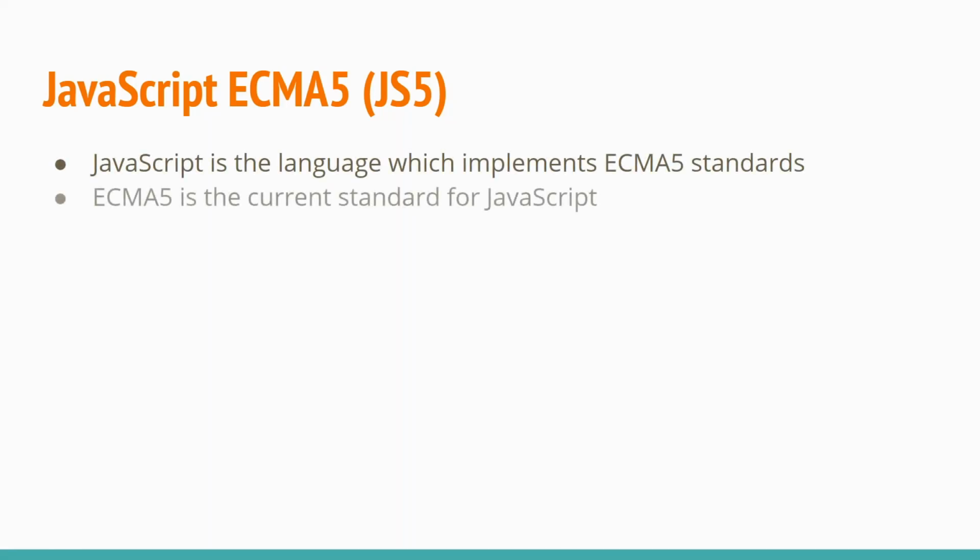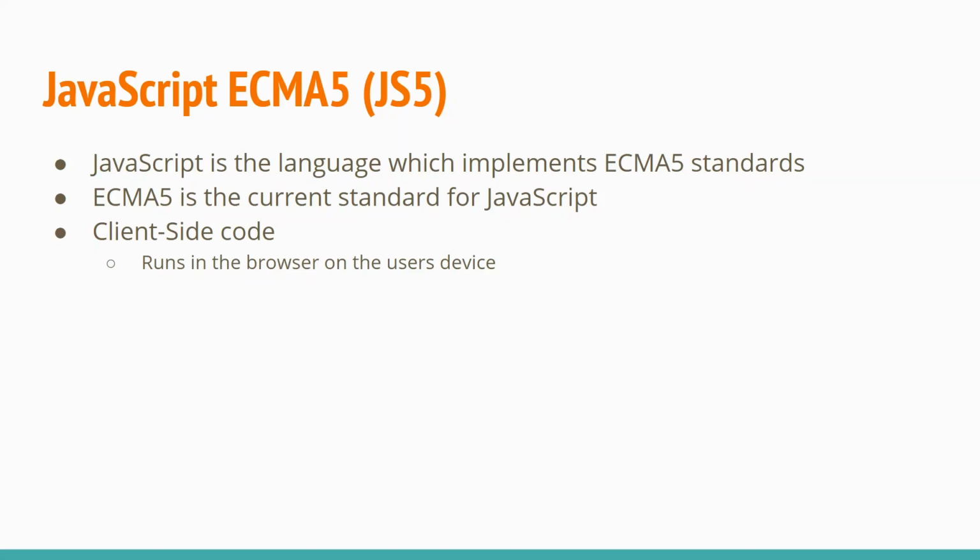So let's talk a little bit about JavaScript ECMA5. JavaScript is the language which implements ECMA5 standards. ECMA5 is the most current standard developed for JavaScript. JavaScript is referred to as a client-side code. This means that the code itself runs in the browser on the user's device.